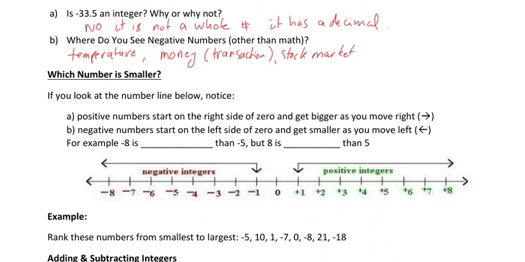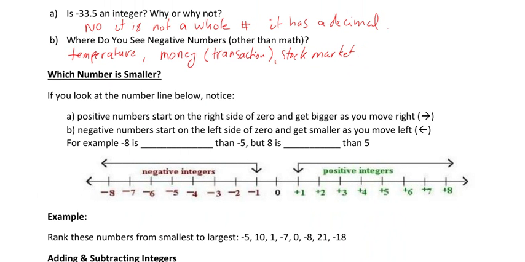Negative numbers go to the left of the 0. The negative numbers go as negative 1, negative 2, negative 3, and so on. If you look at negative 1 and negative 5, which one is bigger? Negative 1 is a bigger number, because it's higher on the number line.